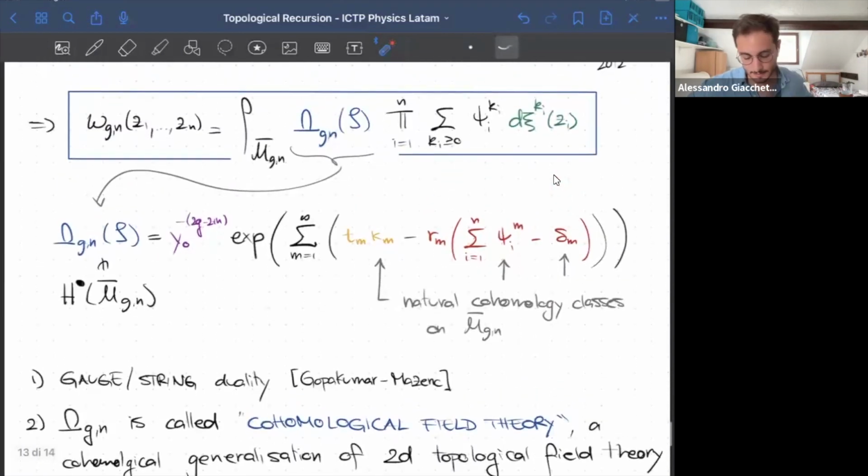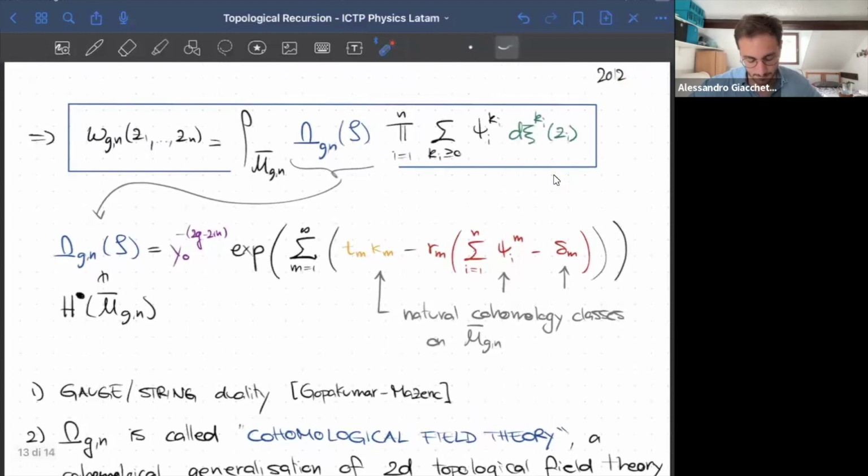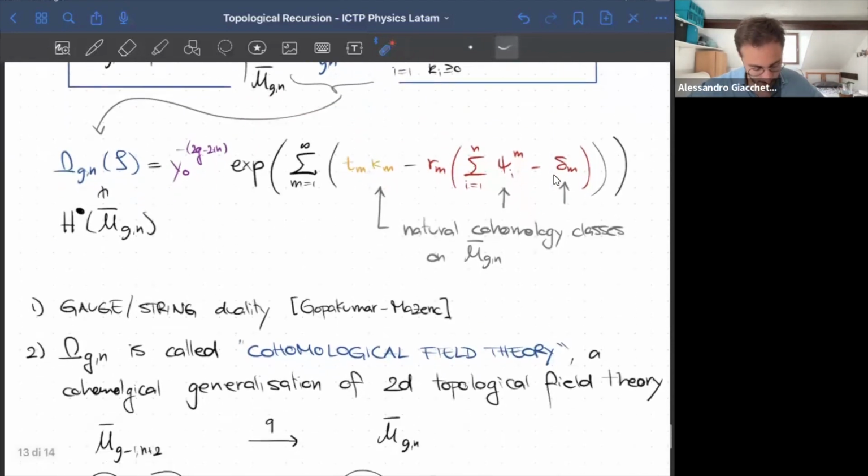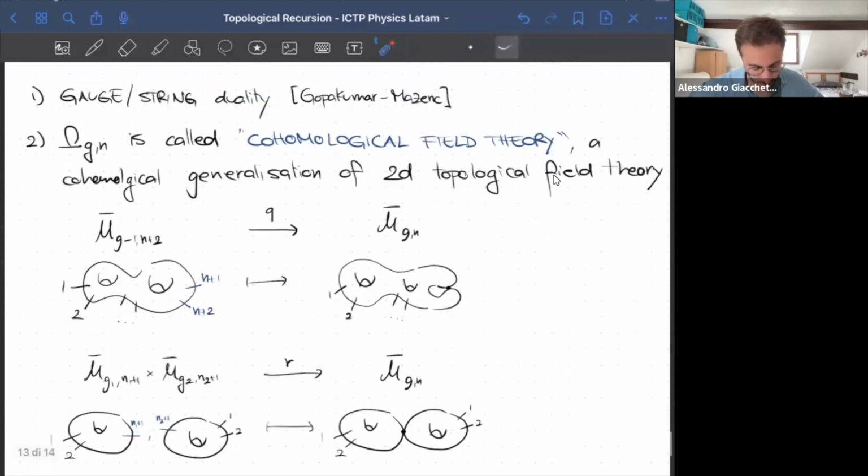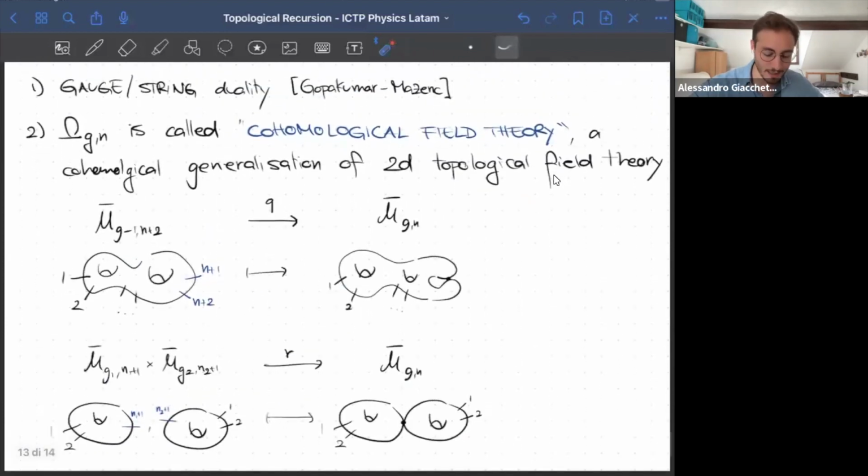But as I said, this theorem is much older, and it provided many interesting relations between some enumerative geometric quantities and expressions for these quantities as integrals over the moduli space of curves. And what I wanted to mention is also essentially to motivate why these omega gns are called cohomological field theories.